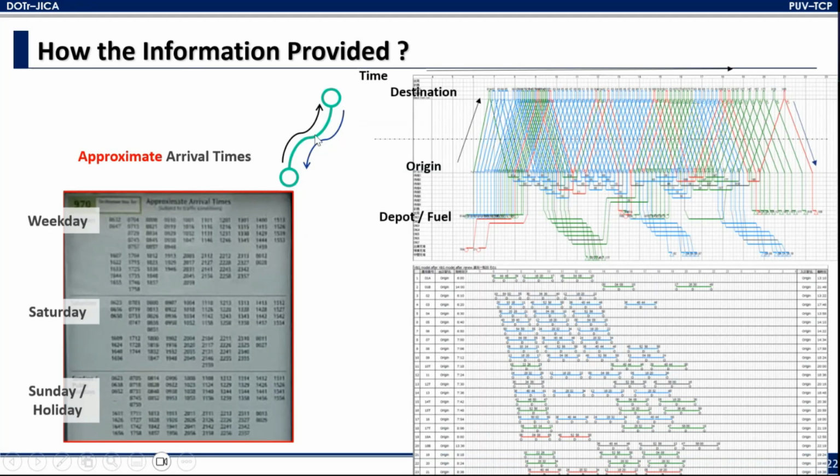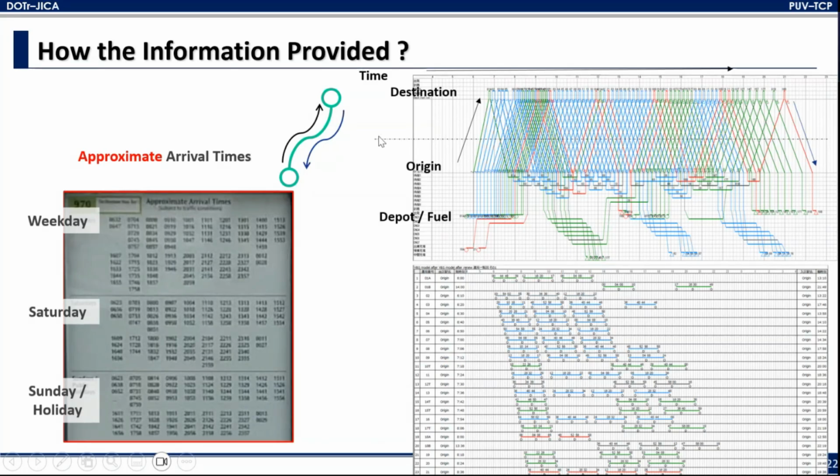The bus transport operator prepares operation diagrams according to the travel times from origin to destination and from destination to origin.